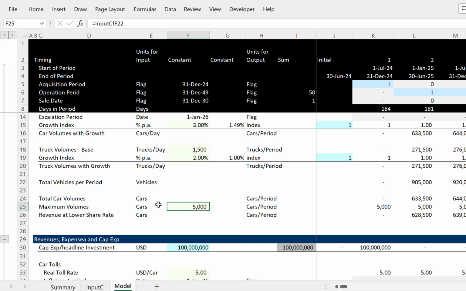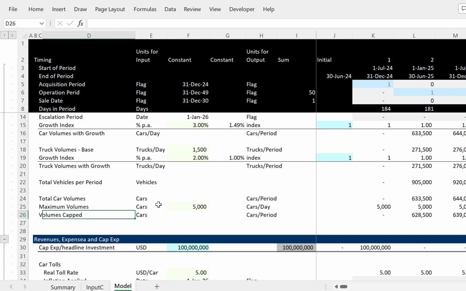This is what we're doing here: put cars per day. And over here we put volumes. I'm changing it again. Capped.